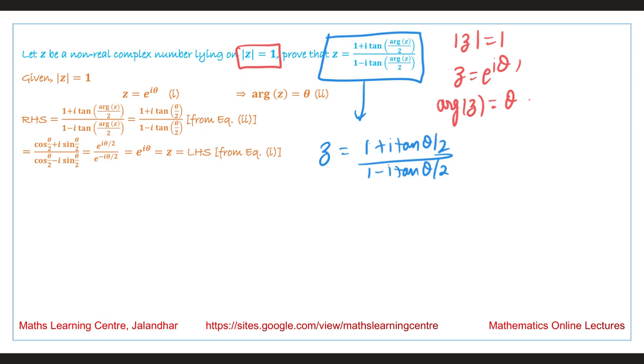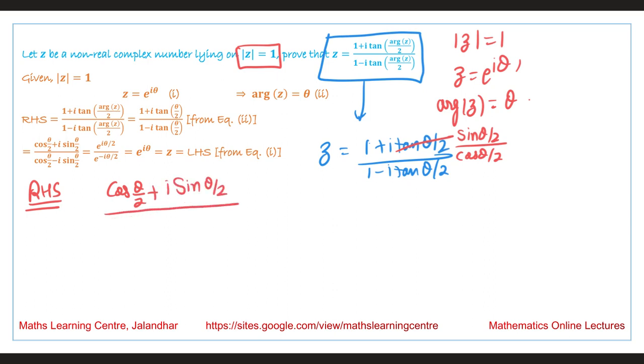So if we consider the right hand side, in place of tan theta by 2, we are writing sin theta by 2 over cos theta by 2. So if we take the LCM, we get cos theta by 2 plus iota sin theta by 2 divided by cos theta by 2 minus iota sin theta by 2, and this value is equal to e raised to the power iota theta by 2 over e raised to the power minus iota theta by 2, and this value comes out to be e raised to the power theta by 2 plus theta by 2.